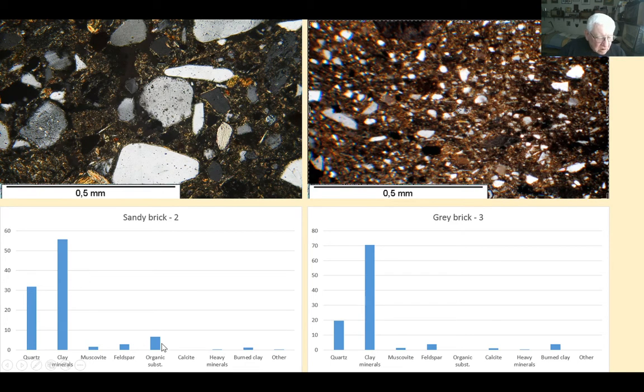And as you see, in mineral composition there is quite a big difference in content of clay mass and quartz. In sandy brick there is much more quartz, slightly less silt of the Nile, and in this gray one there is much more clay minerals and not too much, up to 20% of quartz.